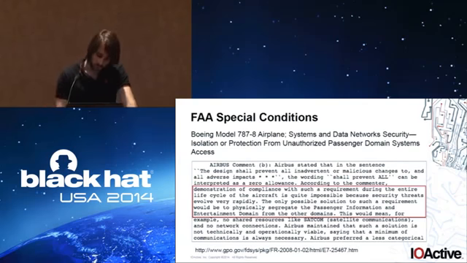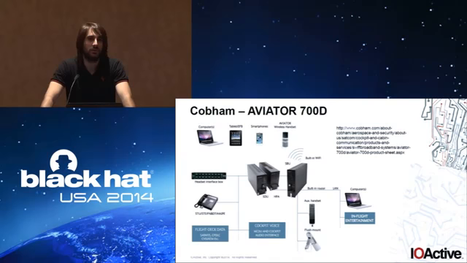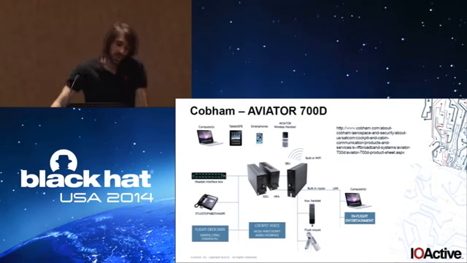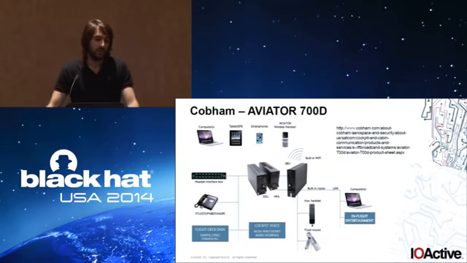Let's focus on the first target in the aerospace sector, the Aviator 700D, which is certified for providing security and safety communications for the aircraft. You can read in the white paper an introduction to the certification levels used in avionics.